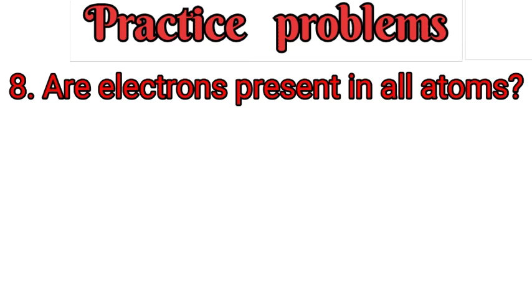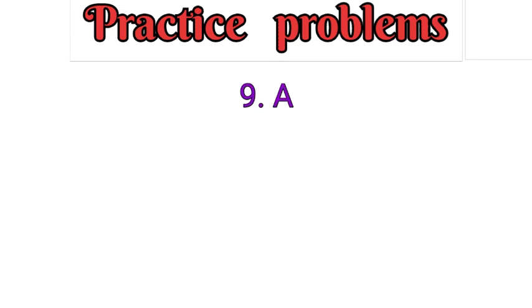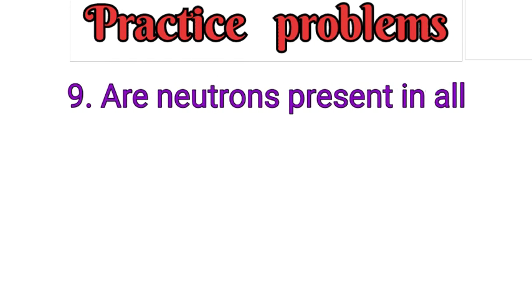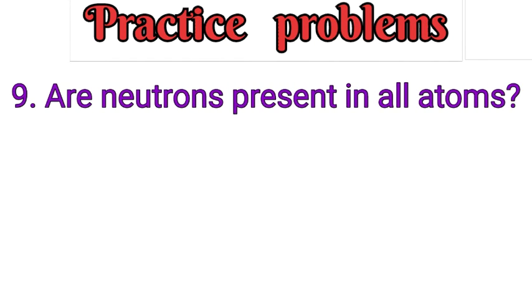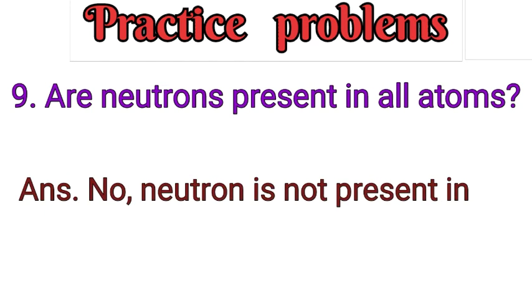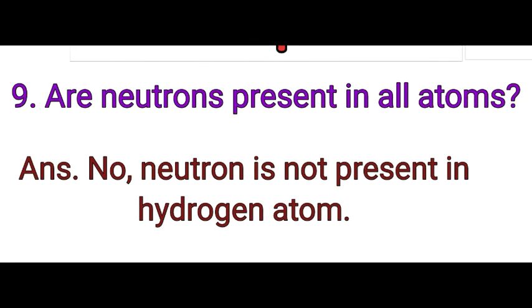So the answer will be yes, electrons are present in all the atoms. Then, are neutrons present in all atoms? So the answer for this will be no. Neutron is not present in hydrogen atom. So hydrogen atom does not contain any neutron. Okay.